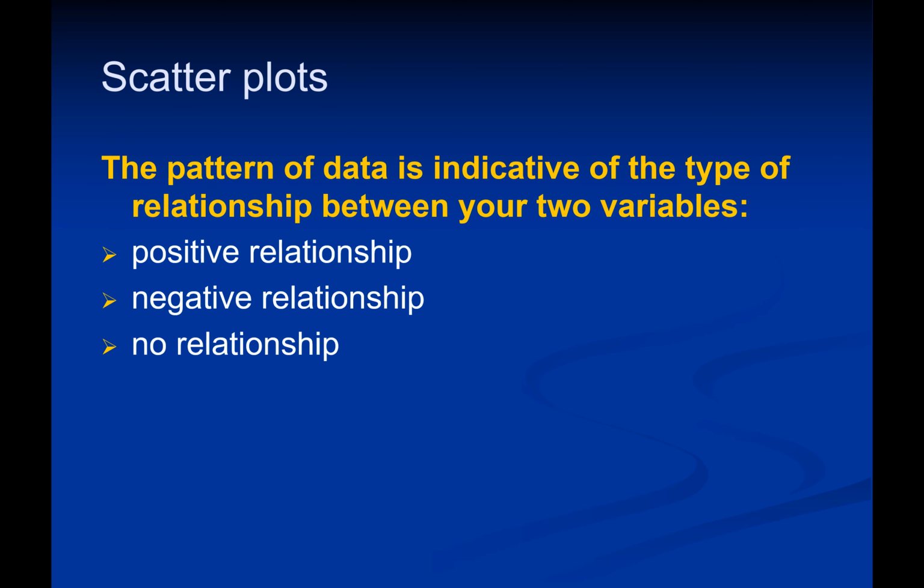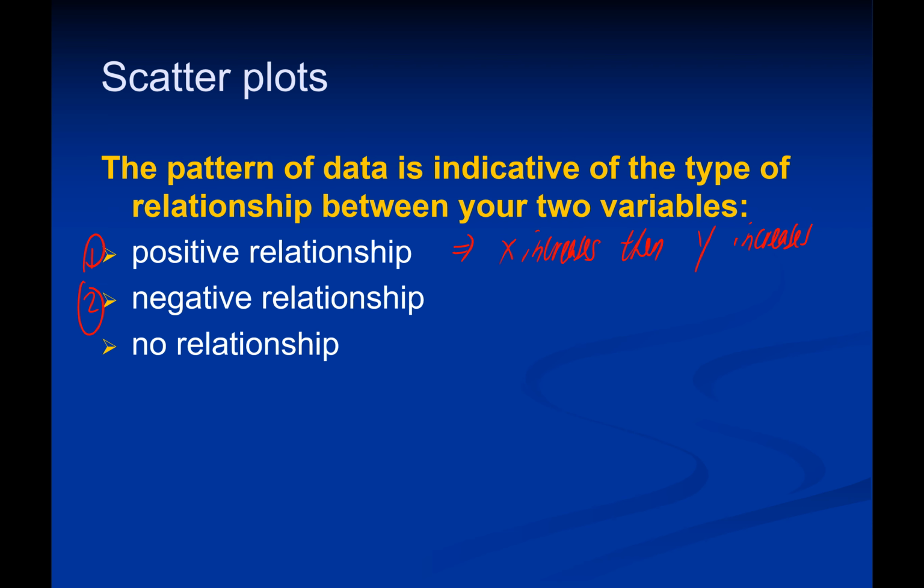Scatterplots give us a pattern of data and typically indicate three types of relationship. First one is a positive relationship, meaning as x increases, y increases. So x and y move in the same direction.